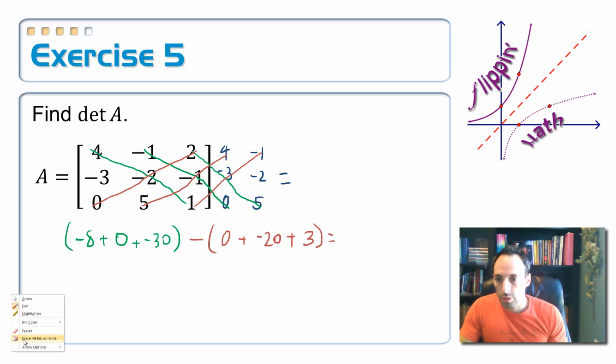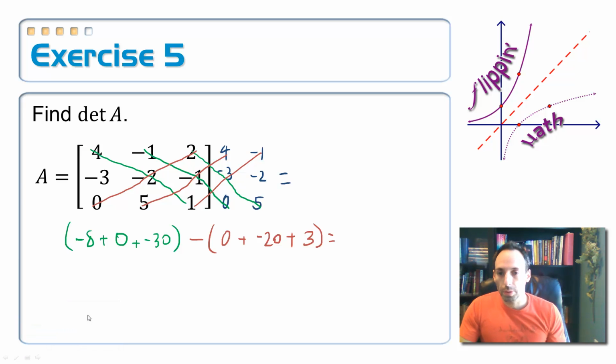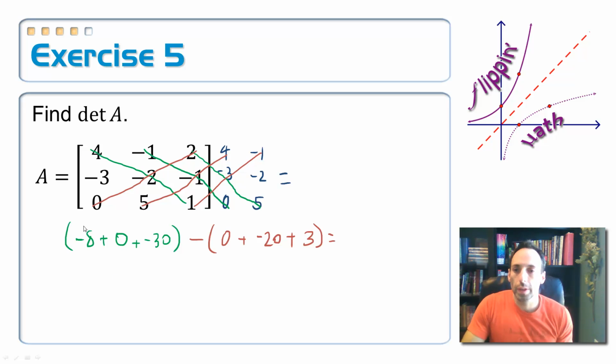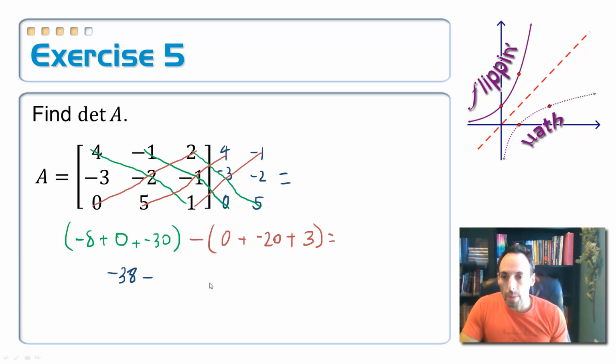Okay. Let me just switch back to blue. So in this green one, whenever I add it up, I get a -38, minus, whenever I add up the one that's in the red parentheses, I get -17. Okay.